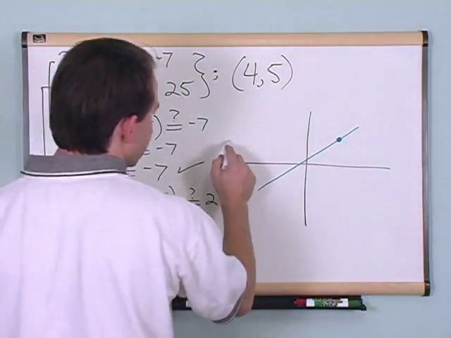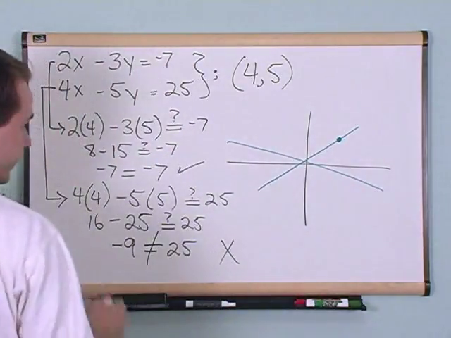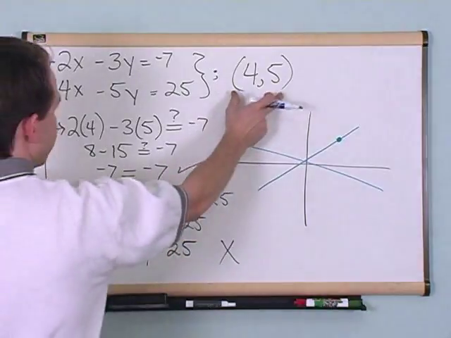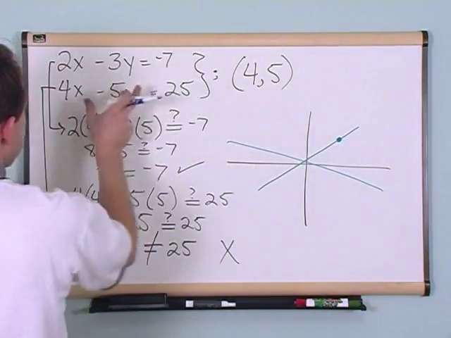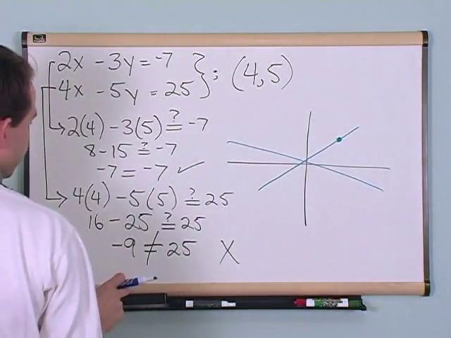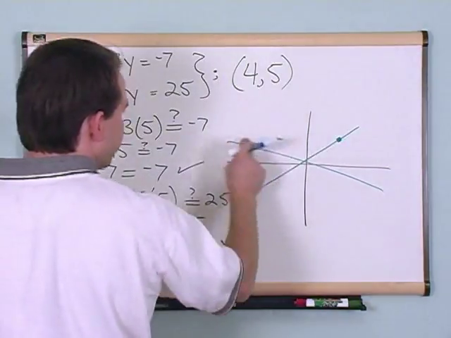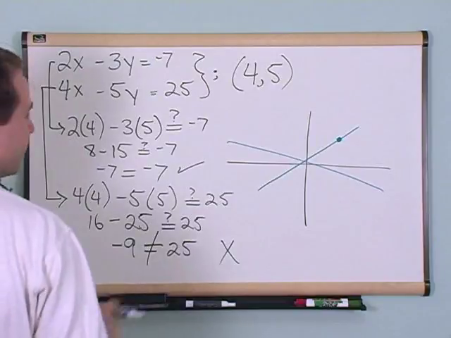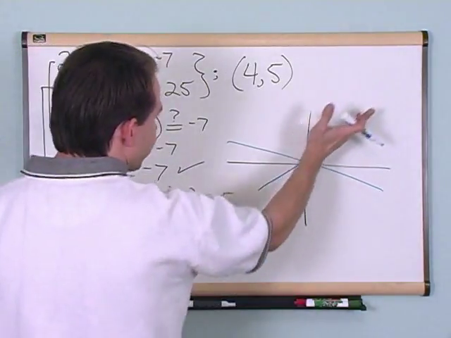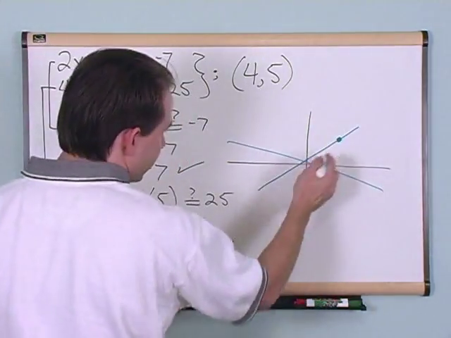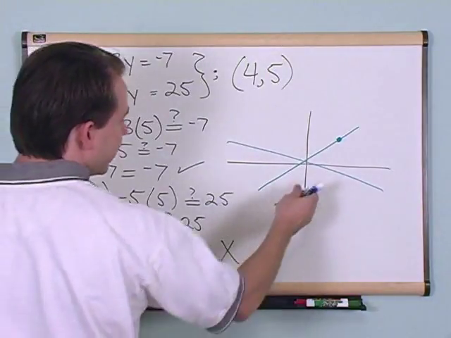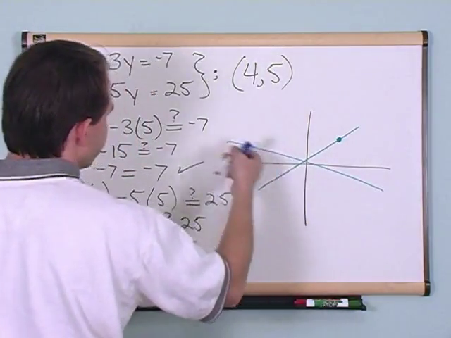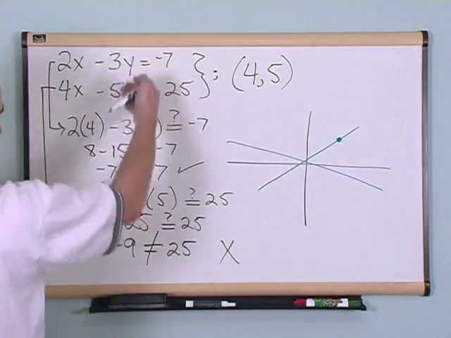The second line, let's say, goes something like that. I'm just making this up, okay? Because this point did not satisfy the second equation, it did not lie on this line. And because it lies on the first line but not on the second line, it's not a solution of that second line, and so by definition it cannot be a solution of this system.